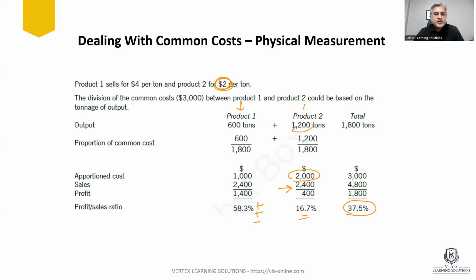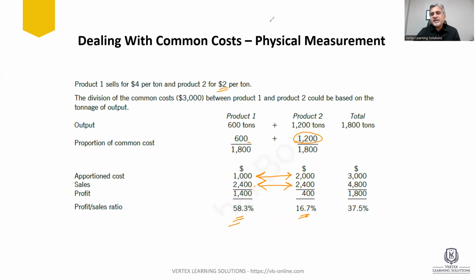Although its volume was more, if you see that its volume is 1,200 tons, which is double the first one, the sales value becomes equal because product number 2 was a cheaper product. So both have the same sales value, 2,400, but you are giving it more cost. As a result, this product looks like it is making very little profit and this is making very huge profit.